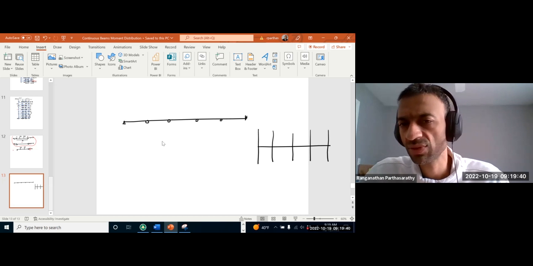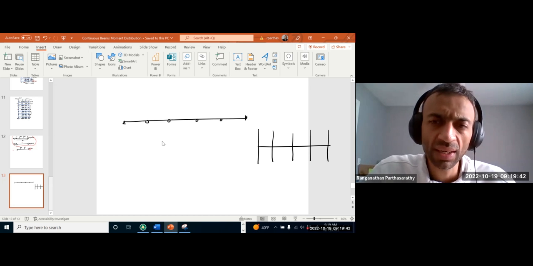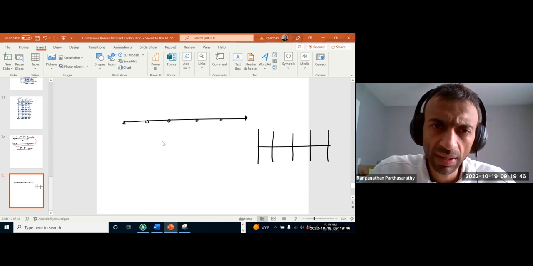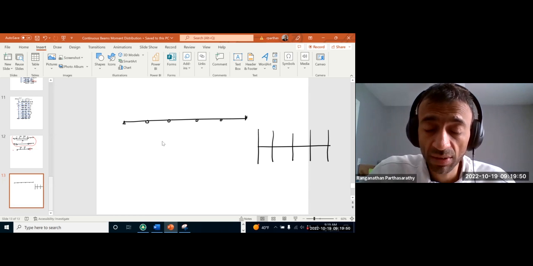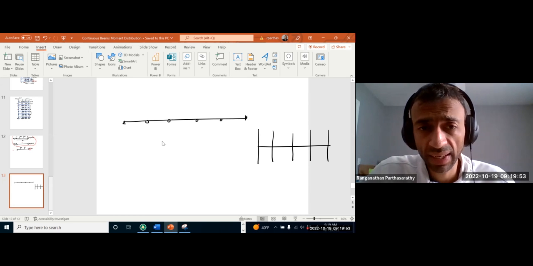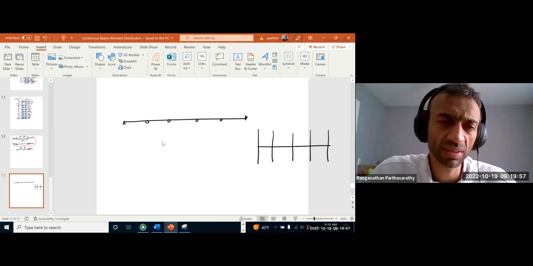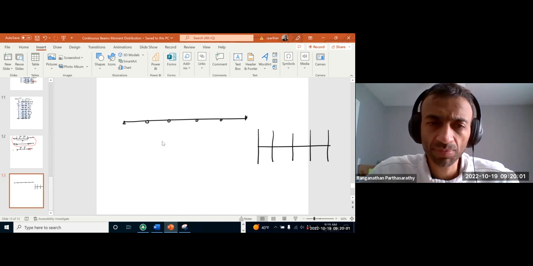So continuous span is very common in box frames. Now, we need to design every span for maximum possible negative moments and maximum possible positive moments, right? So when and how will that happen?